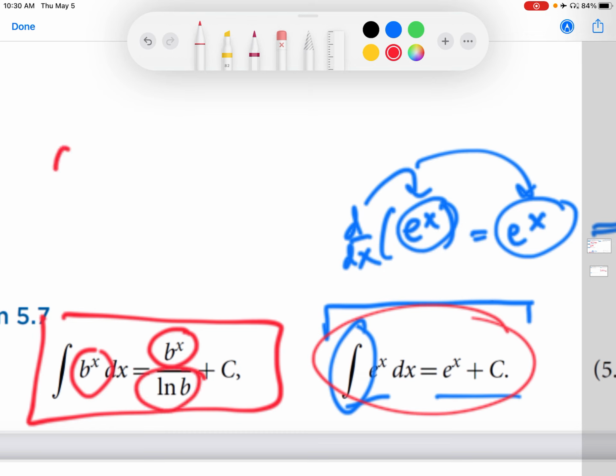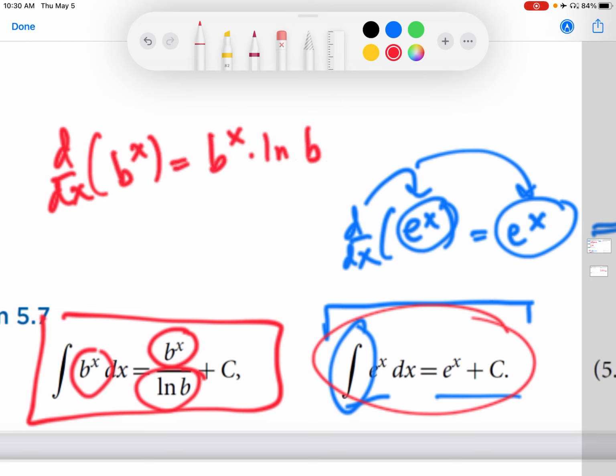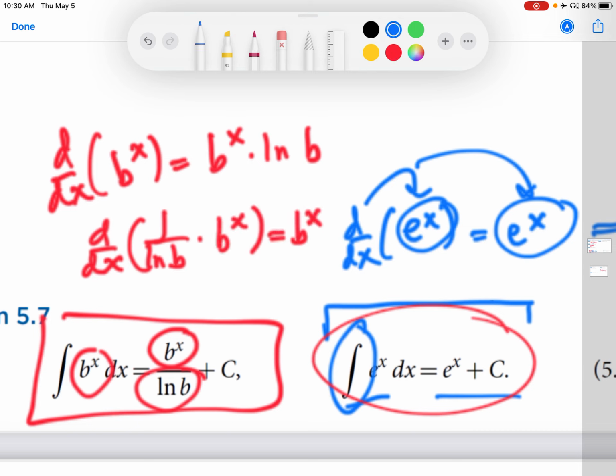This goes back again to the fact that the derivative of an exponential function is to write it over, multiply by the natural log of the base. So therefore, the derivative of 1 over the natural log of the base times b to the x is b to the x. So again, going backwards, the integral of b to the x dx equals this thing. And that gives us that rule down there.